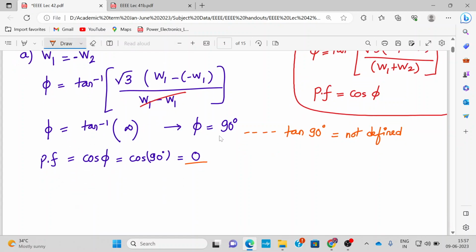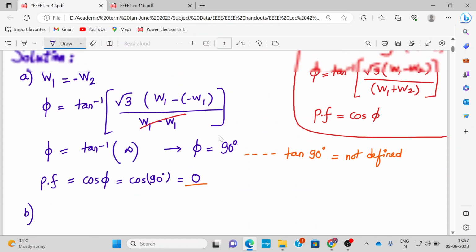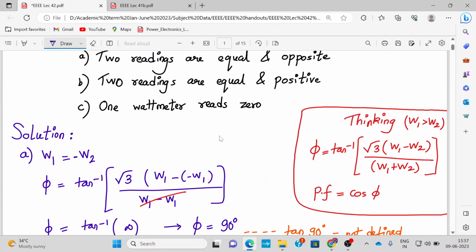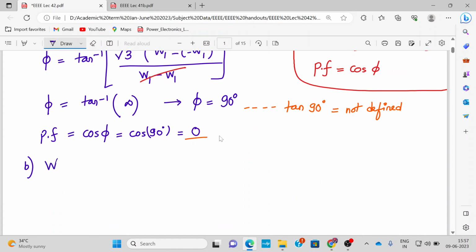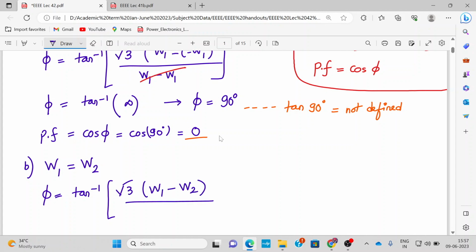Alright. So for the second case, let's check the condition now. Two readings are equal and positive. That means, let's say, if W1 is the reading of the first wattmeter, it is equal to the second one and it is positive. Alright. So let's apply the formula now of phi. So phi is tan inverse of root 3, W1 minus W2 upon W1 plus W2.